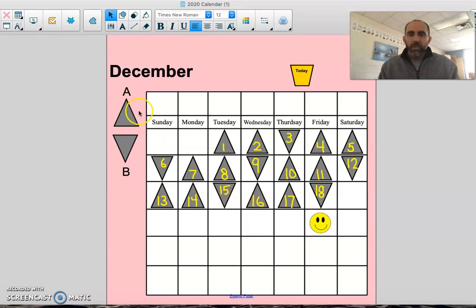So looking at our pattern went A, and then we had our B's. So A, B, A, B, A, B, A, B, A, B. So here's the B.